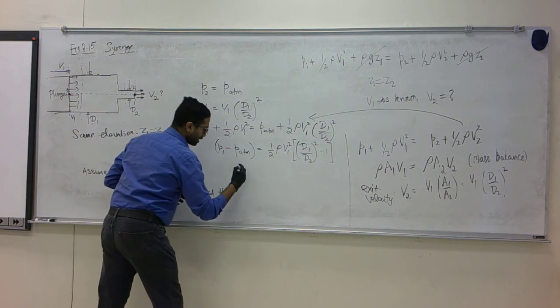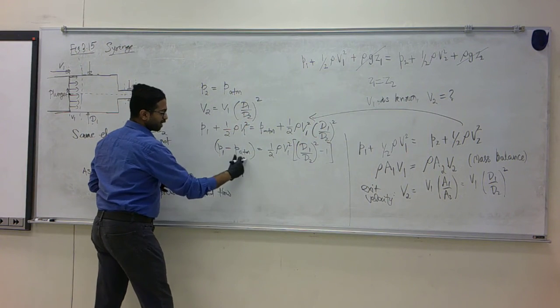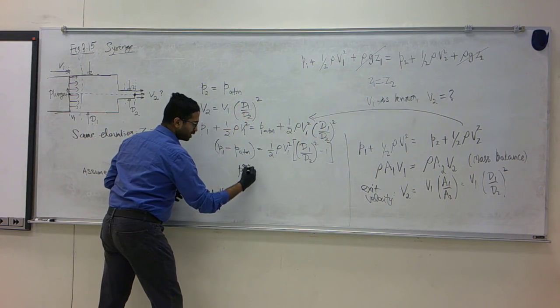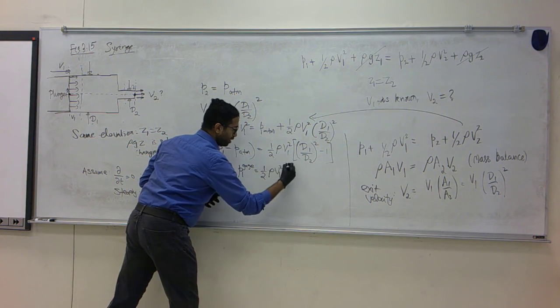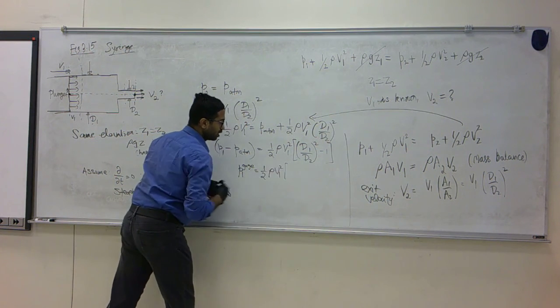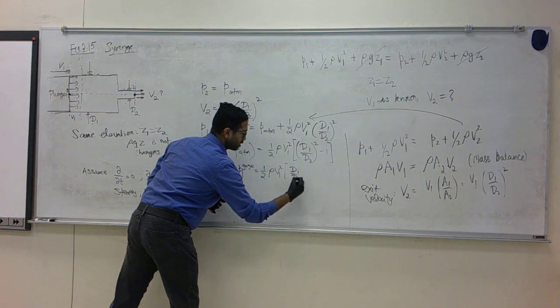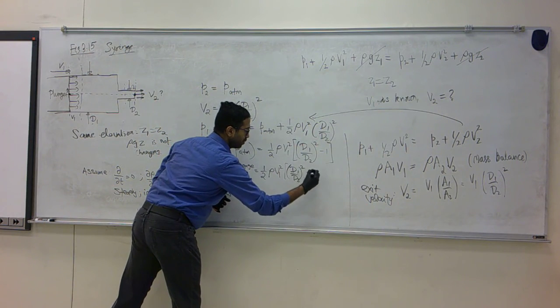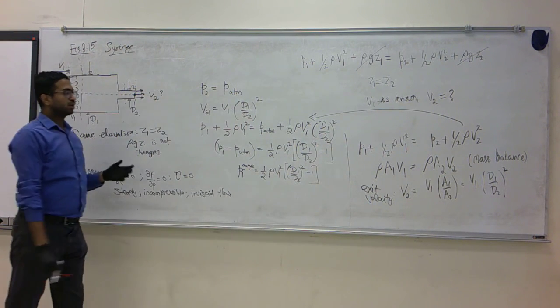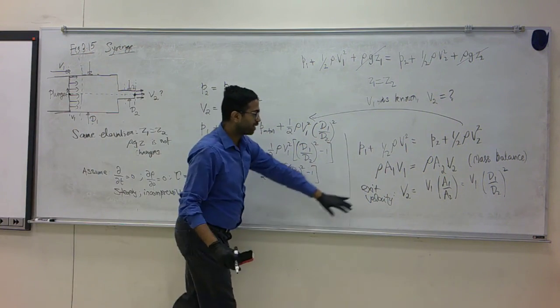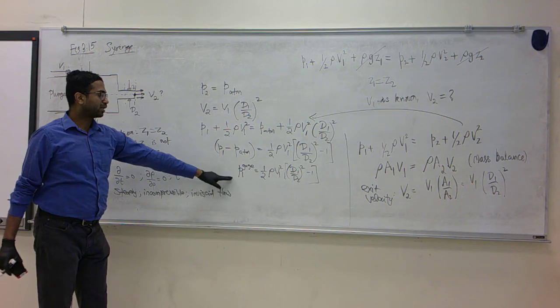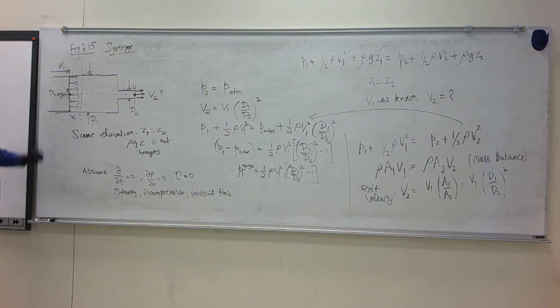P1 minus P atmosphere, I'll call this P1 gauge. This is half rho V1 squared times d1 over d2 the whole squared minus 1. So these are the two quantities that we solve: one, the exit velocity using mass balance, and the pressure at section 1 using the Bernoulli equation.